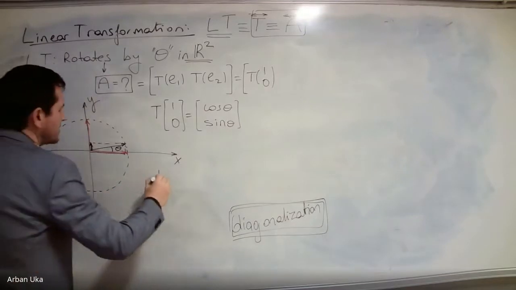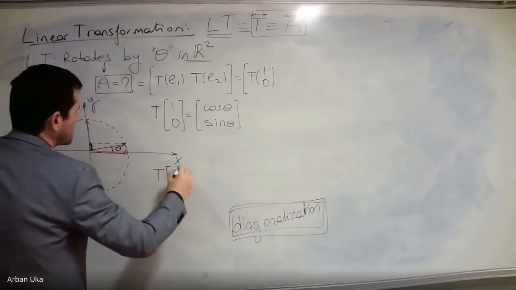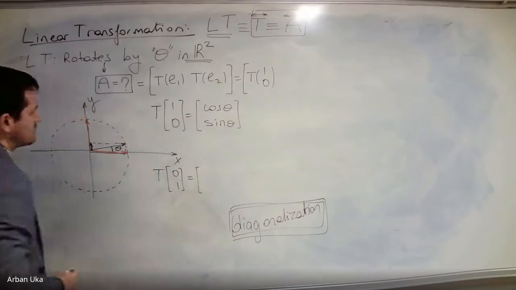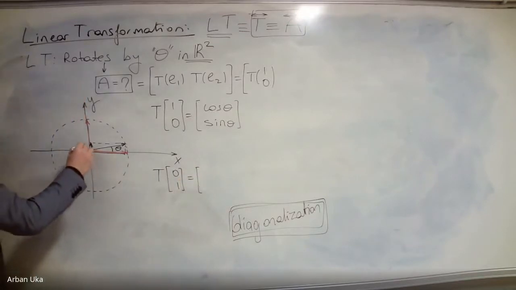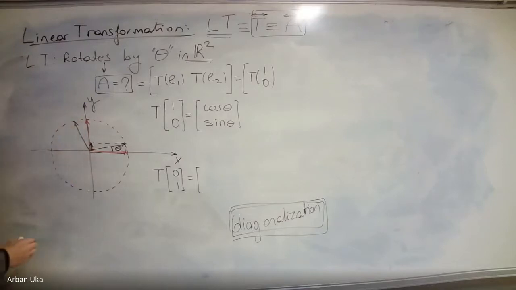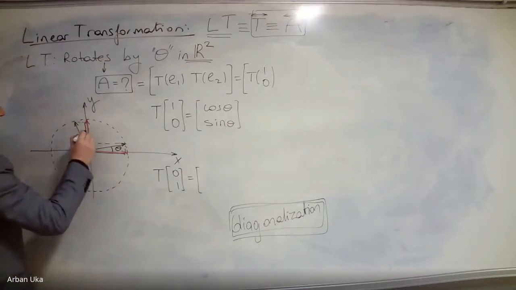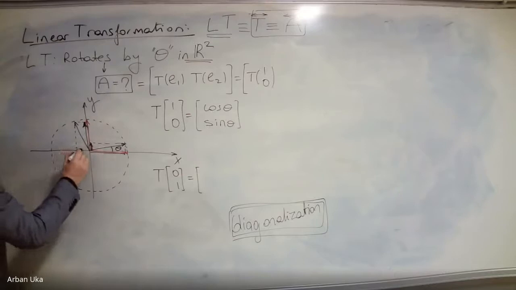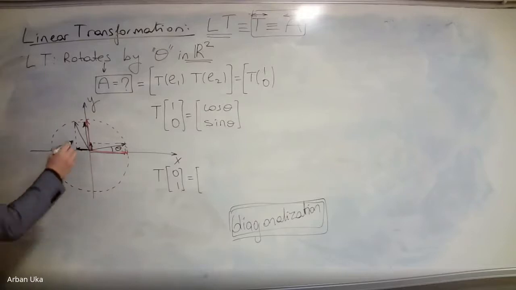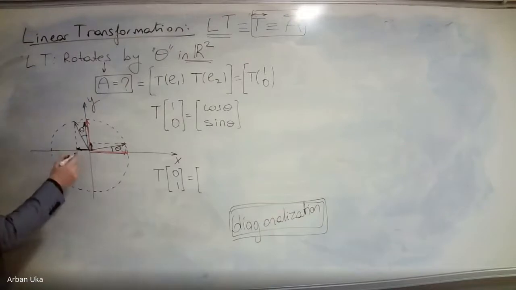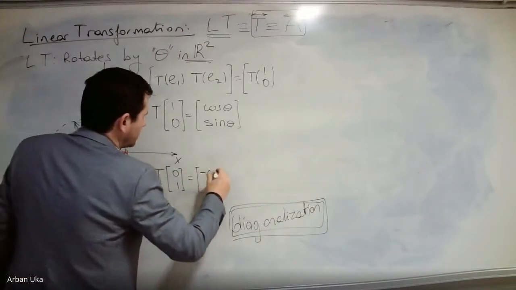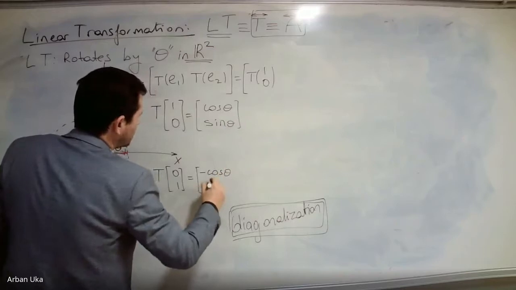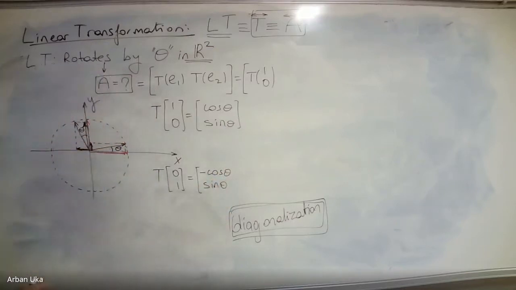Similarly, if we apply this linear transformation on 0, 1, we get what? We have this vector which is going to rotate on this side. This is again angle theta, and the projection along the x-axis is now a negative value, which is minus sine theta.